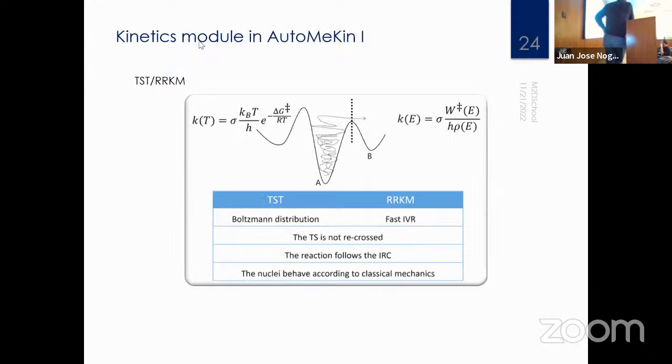And so, as I said, if we want to simulate something at a given temperature, we can use transition state theory. This is the simplest formula for transition state theory. I am sure you're probably familiar with this formula. So this is the reaction path degeneracy. Again, we've been discussing enantiomers and things like that.